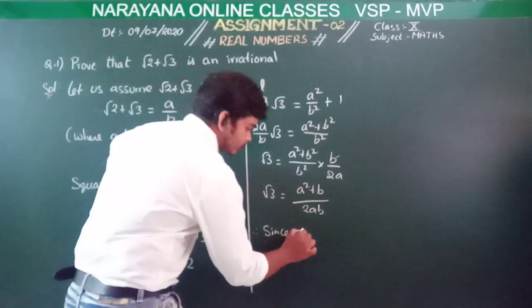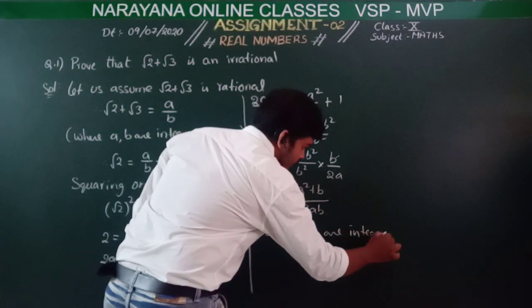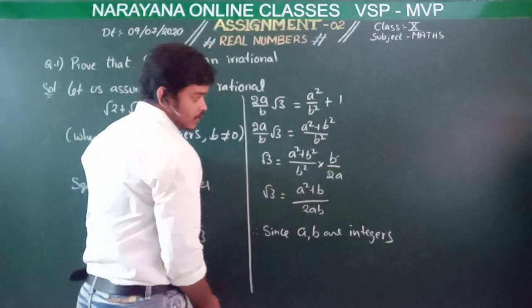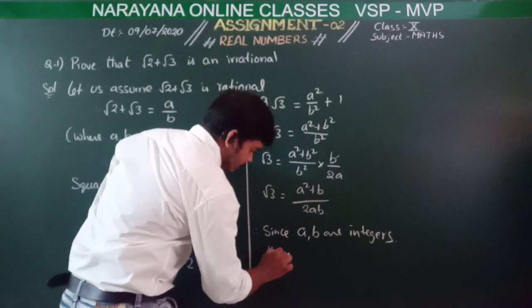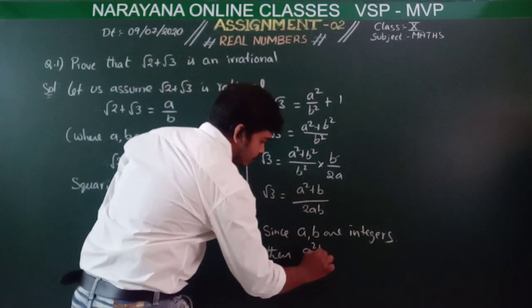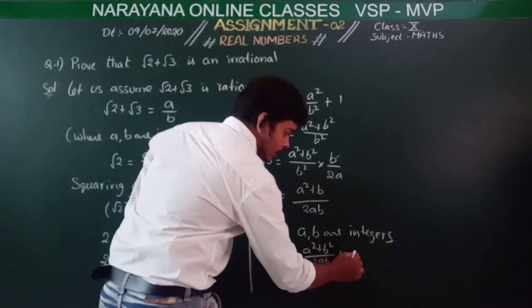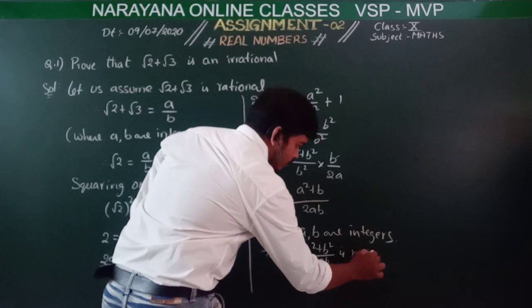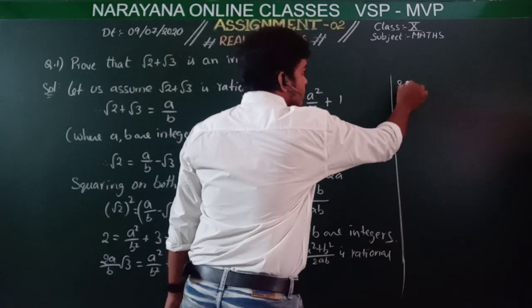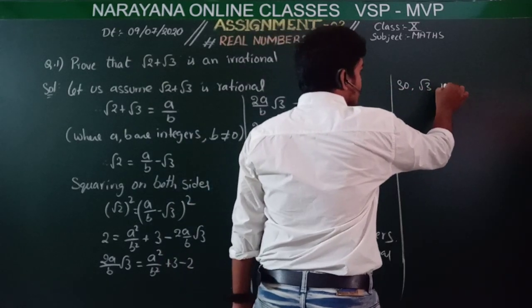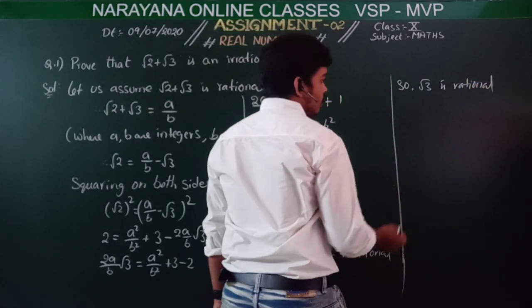Since a, b are integers, a square plus b square by 2ab is rational. So root 3 is rational.